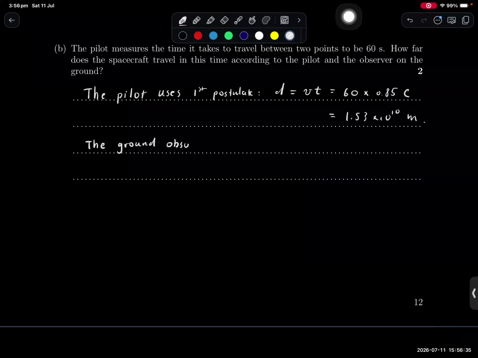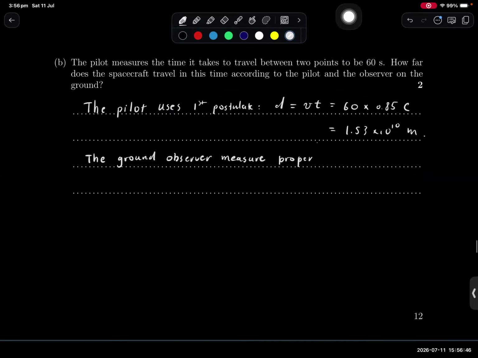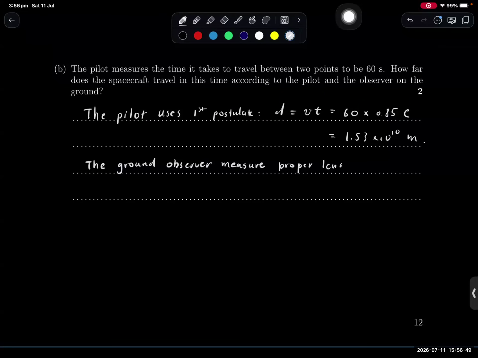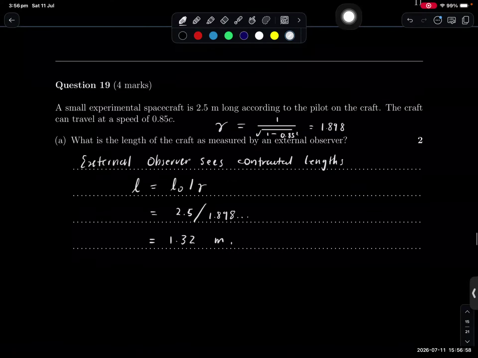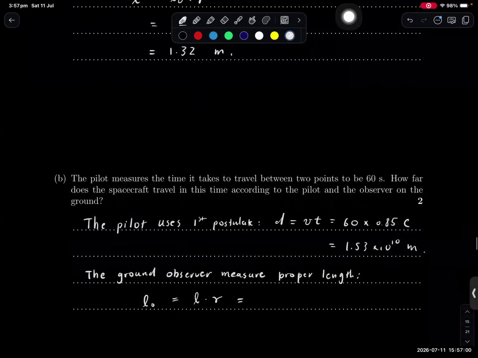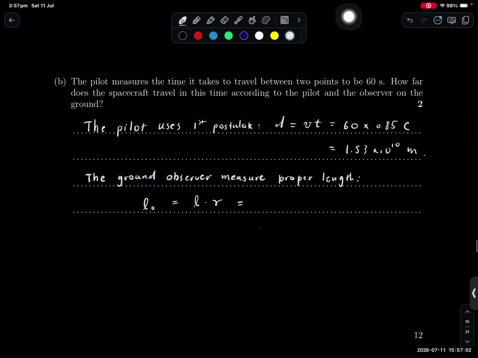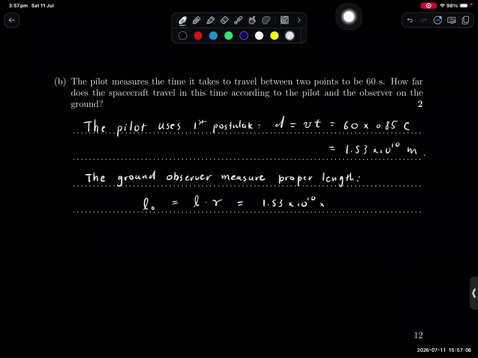So the ground observer measures proper length. So it's just L0 equals L multiplied by gamma. My gamma is 1.898. So L is 1.53 times 10 to the power of 10.